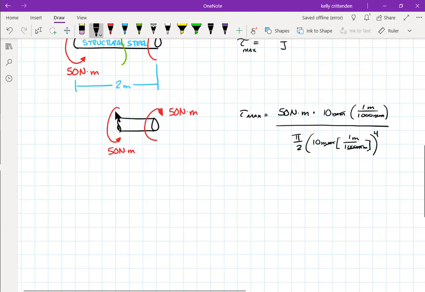And I get a really big number. Let's see, 31,830,988.62. And the units that get generated here would be newtons per meter squared. So these are pascals. A newton per meter squared is a pascal. And so that's actually not that big, 31.8 megapascals.